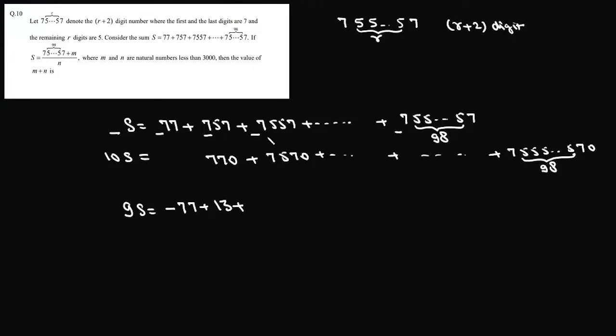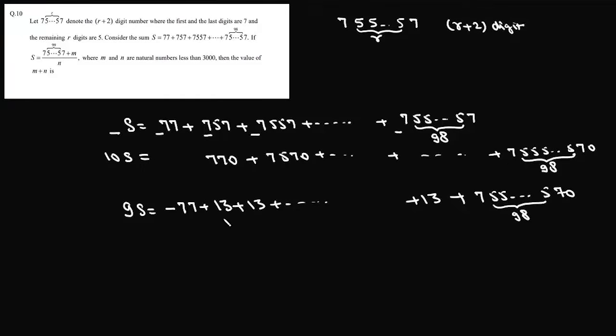Now here also 75, it's of no use. 70 minus 57 is again 13. I'll continue up to this term, which is 13 plus this 7, 555, 98 times, and then this is 70.